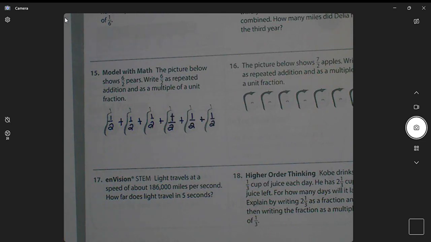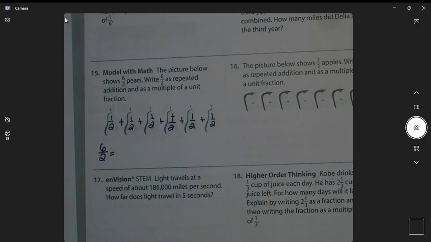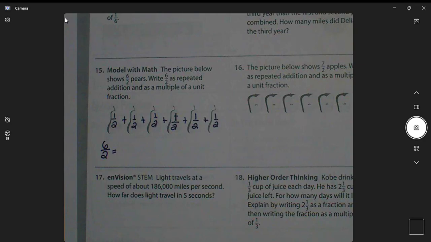Now, I want to practice my skill. I want to say this as a multiplication statement. Do you think you can help me say these words as this problem as a multiplication statement? Let's go. So again, find your clue. I'm going to set a problem up. 6/2 equals what? My clue is my numerator. You're right.